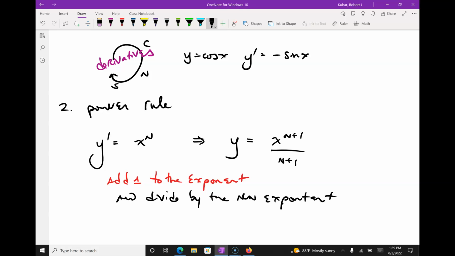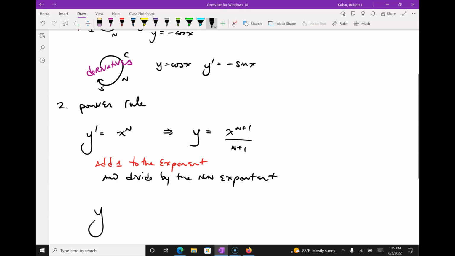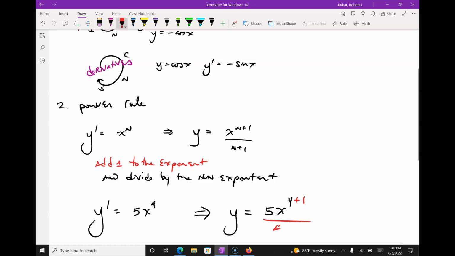What's nice about all of these is I can check them by doing what? Taking the derivative of the answer, right? So, for example, if I already know my derivative is 5x to the fourth, and I'm going to get the antiderivative, I'm going to take my exponent and add 1 to it, and then divide by that new exponent.